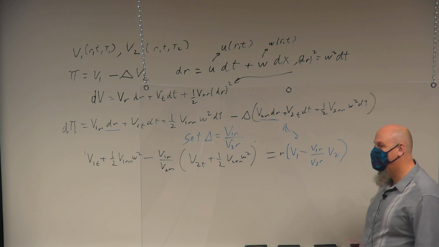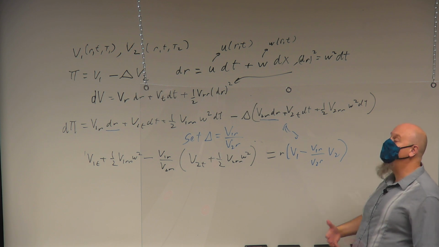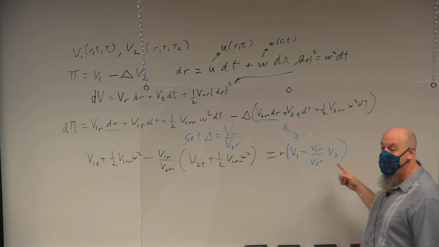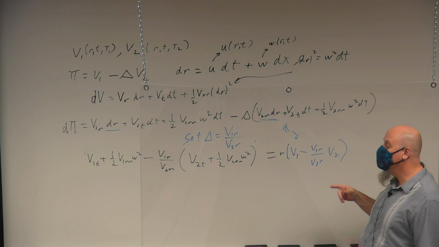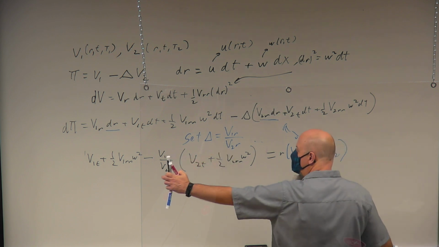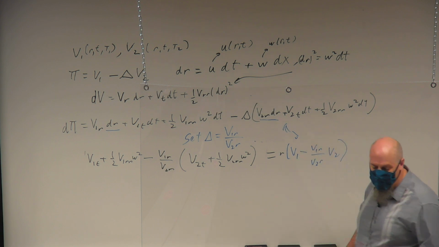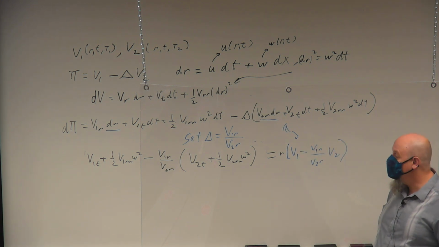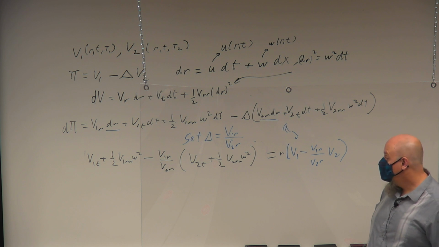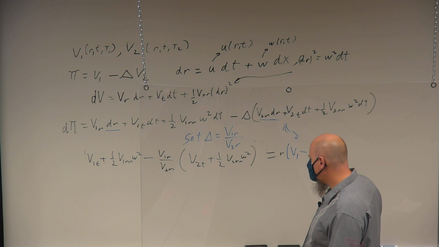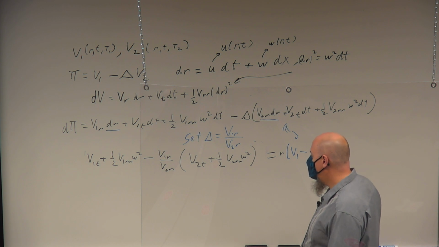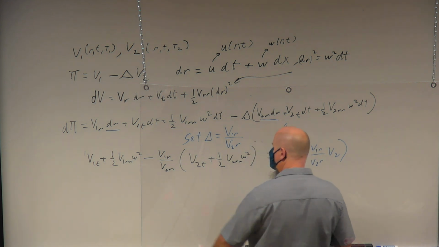So my next algebraic step is going to be to take this expression and put all the things that have to do with bond 1 on one side of the equal sign, and all the things that have to do with bond 2 on the other side of the equal sign. That's what I want to do. So these are going to stay.